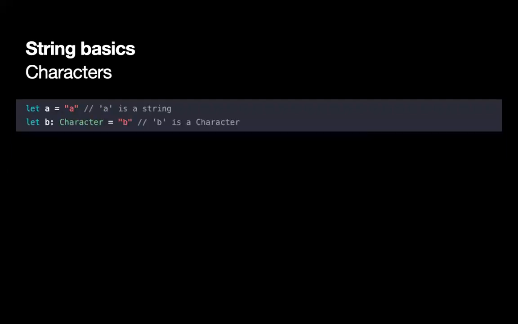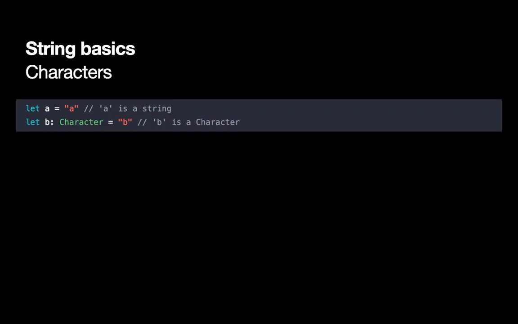Then we have the characters for the strings. Now here, let a equal to double inverted comma a. Here a is a string. Then let b, with the data type Character, equal to b, where b is a character.